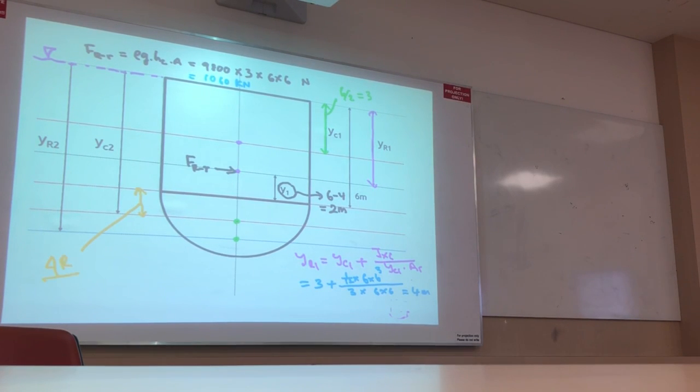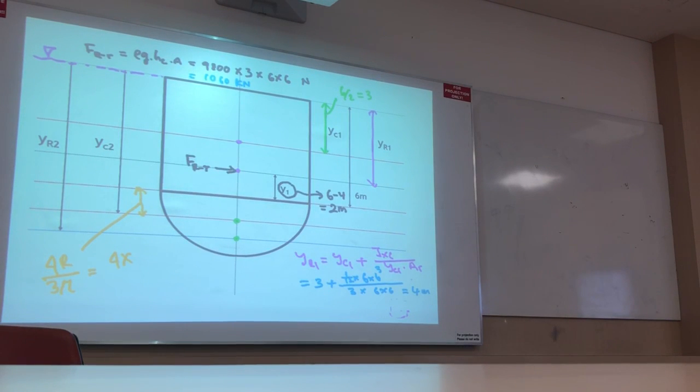4r by 3 pi. 4 times r is 3, 3 times pi. Alright? So what is yc2? yc2 is the distance from the surface of the water to the center of the semicircle.